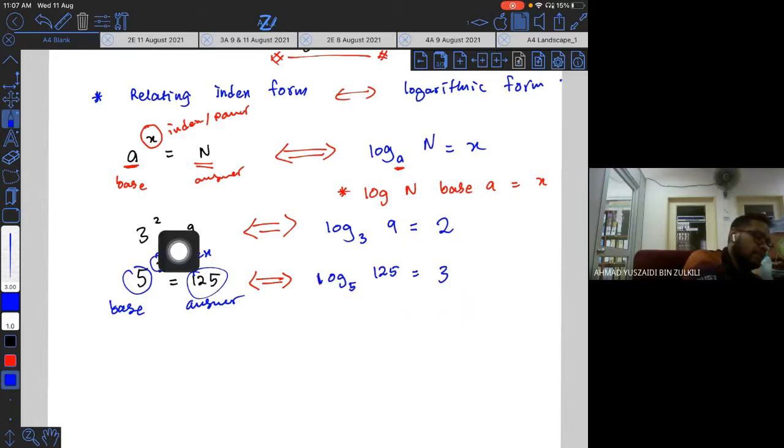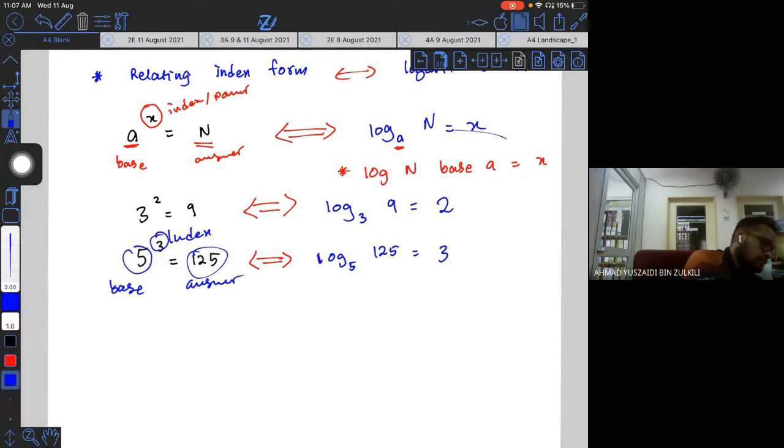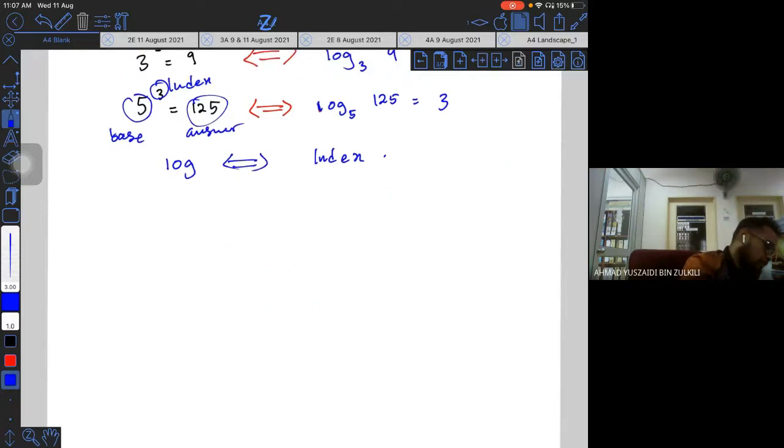Okay, so from this part, we can also know how to change if it's given log now. It asks to change to index. Okay, from log to index. Okay, for example log B base A equal to C. So can you change it into index form?